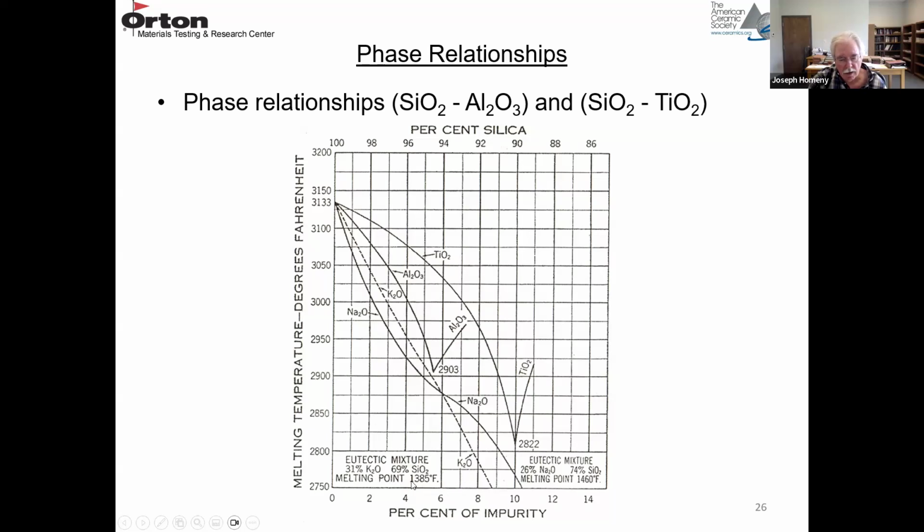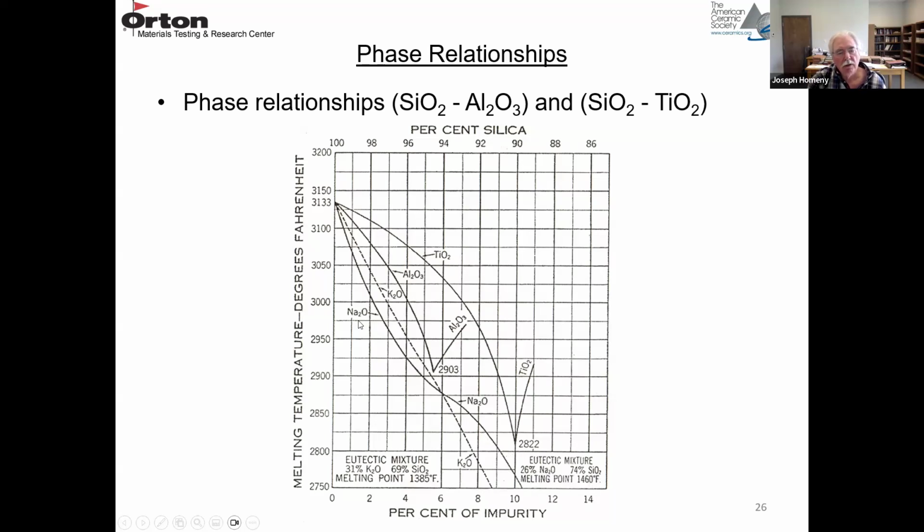That's down at 1385 degrees F. And the eutectic for Na2O and SiO2 is at 26% Na2O and 74% silica. That melts at 1460 degrees F.